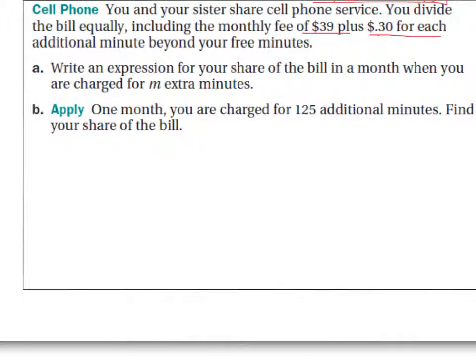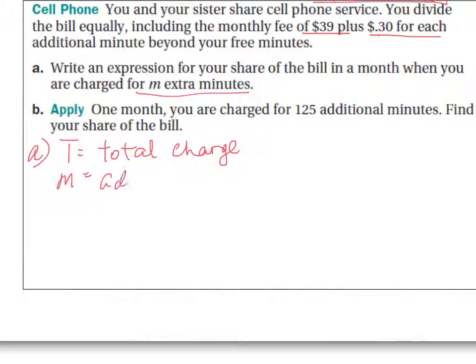A. Write an expression for your share of the bill in a month when you are charged for m extra minutes. So part A, I'm going to let T equal the total charge. I'm going to let m be additional minutes.